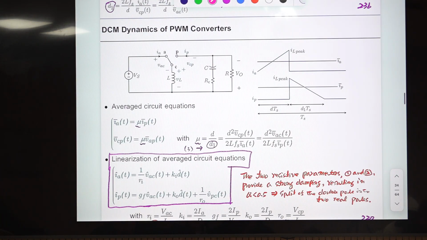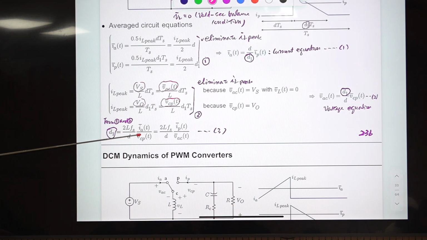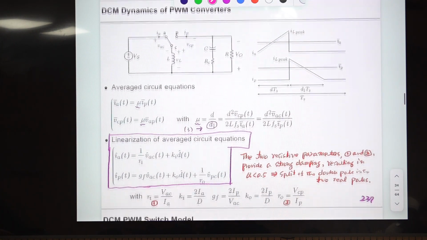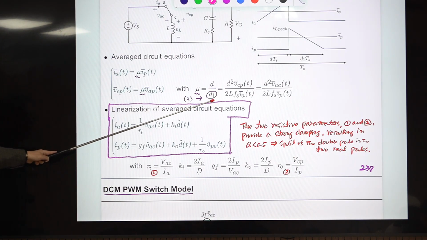I repeated these waveforms somehow, and for the average equation, we use the notation mu, which is D divided by D1, okay? And D1 is given by this equation number 3. You solve this equation together, and you will easily get this, which is tedious, okay?